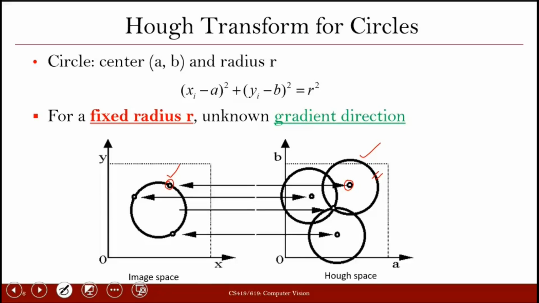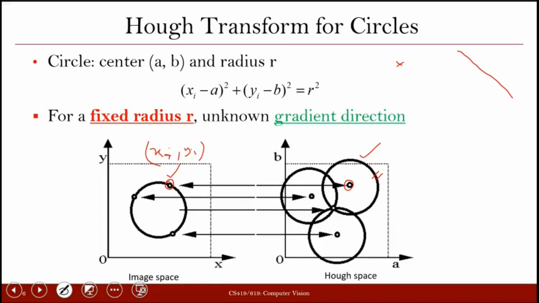Okay? So as in the case of line detection, where for a particular point in the image space you get a line defining all possible values of the model parameters in the Hough space, exactly here, for a particular point in the image space, you get a circle defining the possible values of the model parameters for which, if you make a circle, that circle will pass through the point that we have selected, which is here xi and yi.